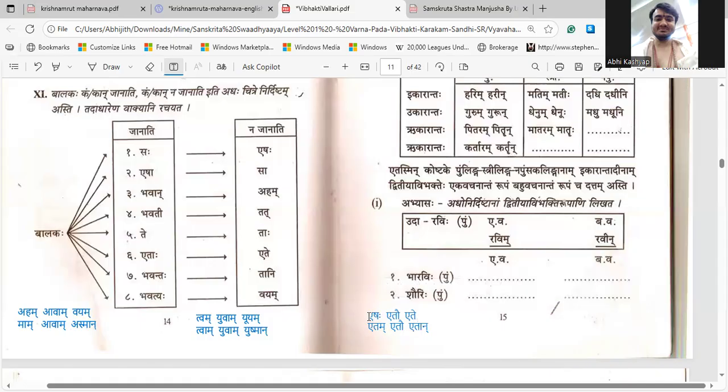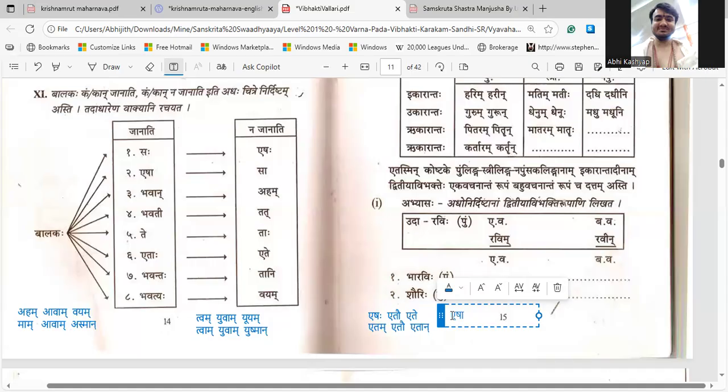Similar to this, which is for Pullinga, let us say we are doing Strilinga. The form will change, instead of Eshaha, it will become Esha. Now, when it is Esha, what would be the form for Dvivachana?